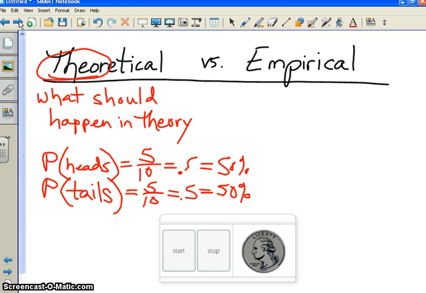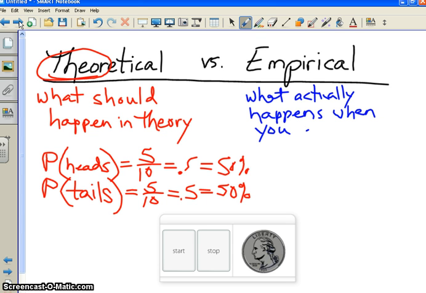And empirical or experimental probability is what actually happens when you carry out the experiment. So I'm going to come down here to the bottom, I'm going to flip the coin 10 times, and we're going to keep track of how many heads we end up with.